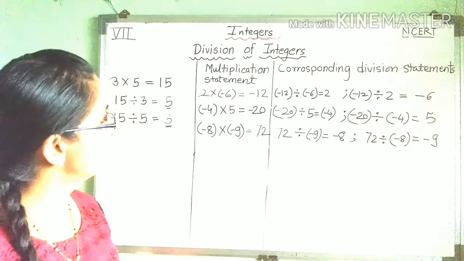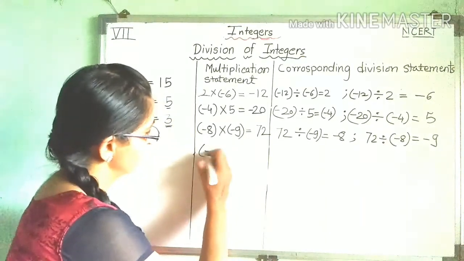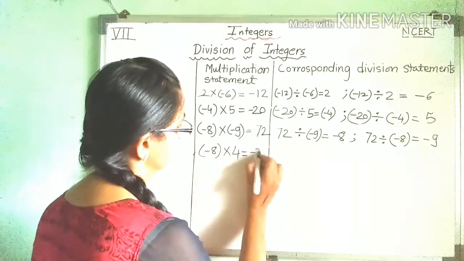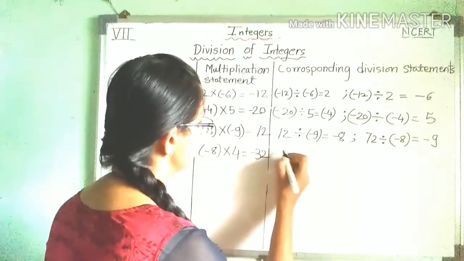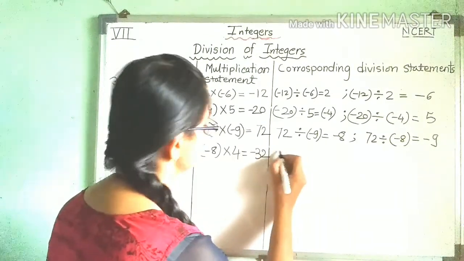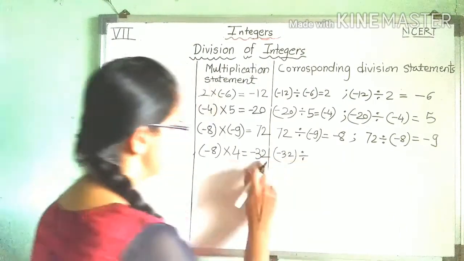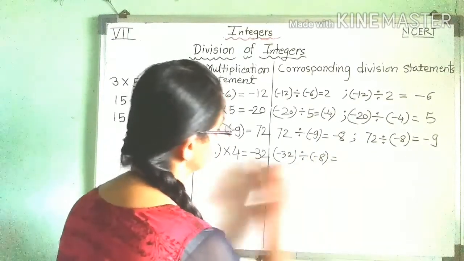And the last example is minus 8 into 4, which is minus 32. So for this multiplication, the corresponding division statements are minus 32 divided by minus 8, it gives 4.